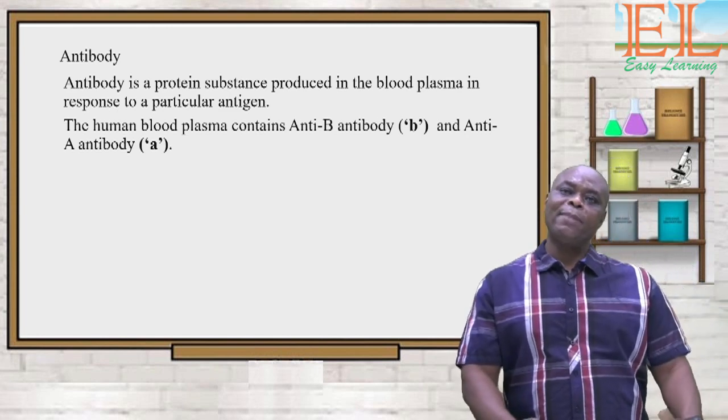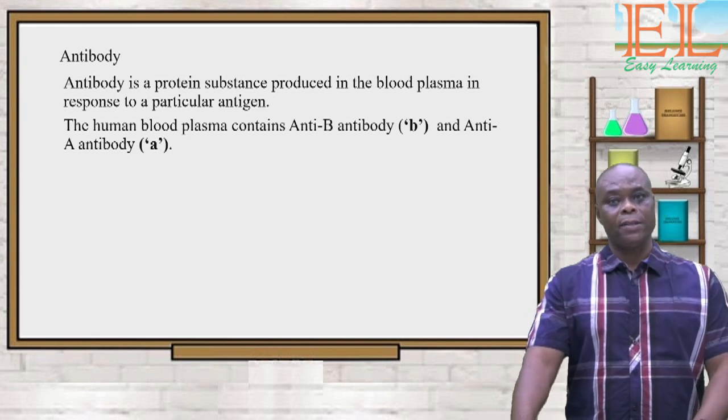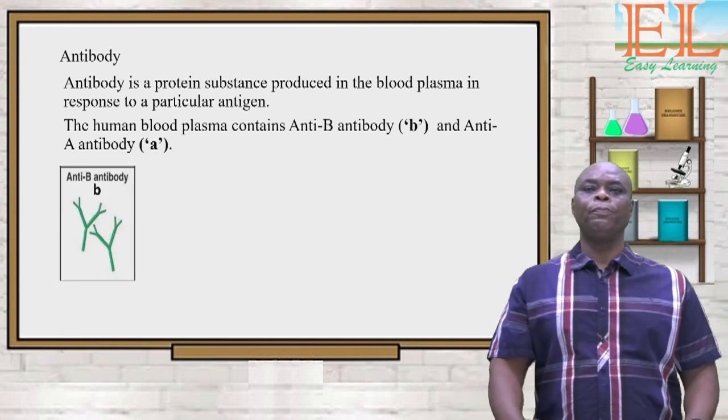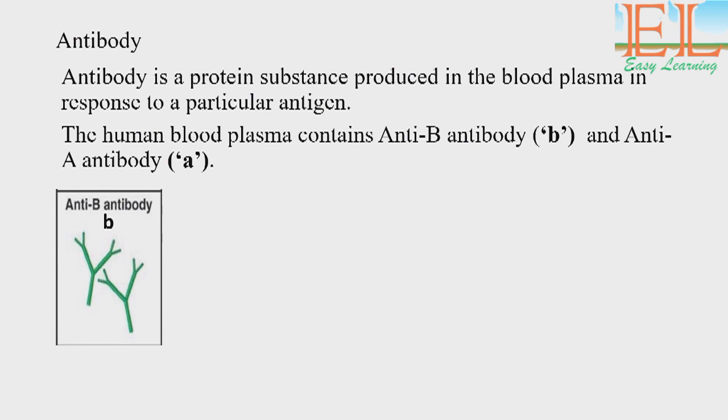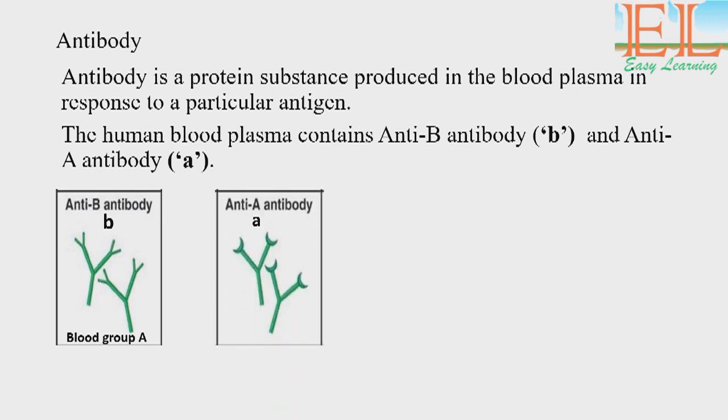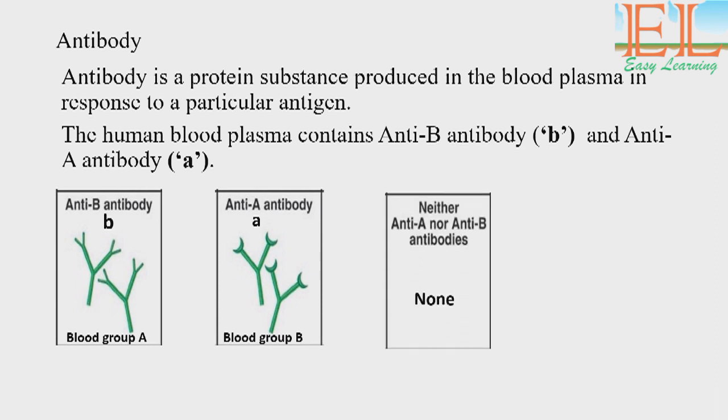Now let's look at the blood groups and their antibodies. For example, we have anti-B antibodies, which is represented by small b, in the blood serum of people with blood group A. We also have anti-A antibodies, which is represented by small a, in the blood serum of people with blood group B. For people with blood group AB, they have none of the antibodies.